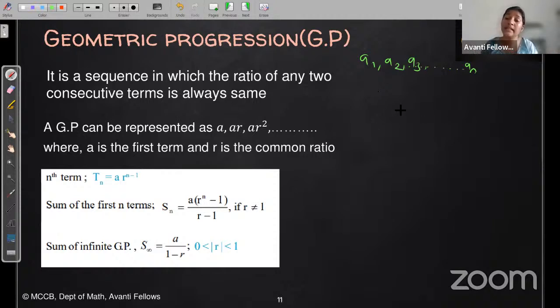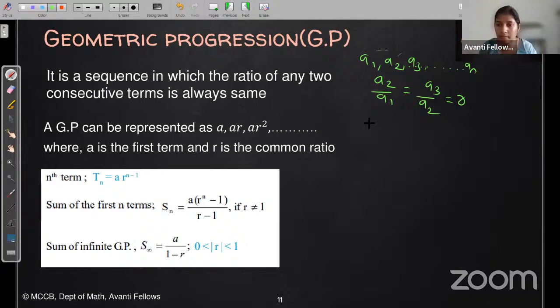Then we can say this sequence is a geometric progression when A2 by A1 is equal to A3 by A2 is equal to some constant term, say I consider it as r.